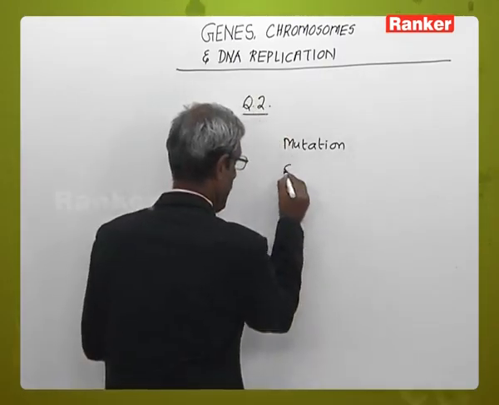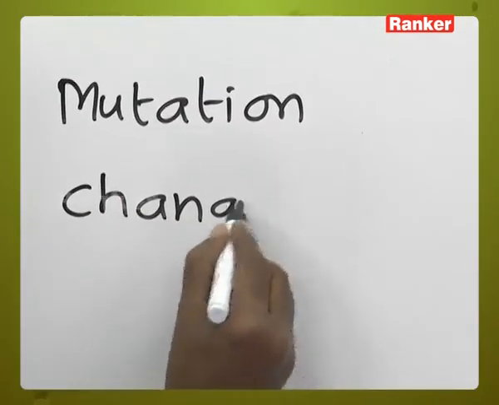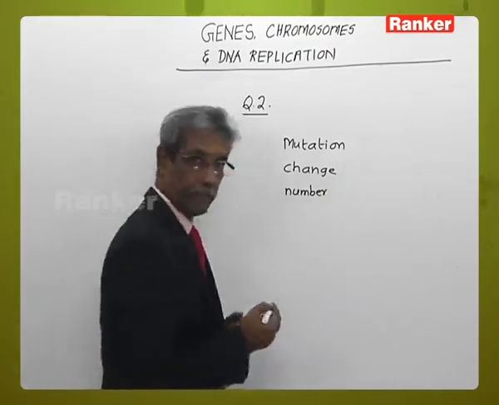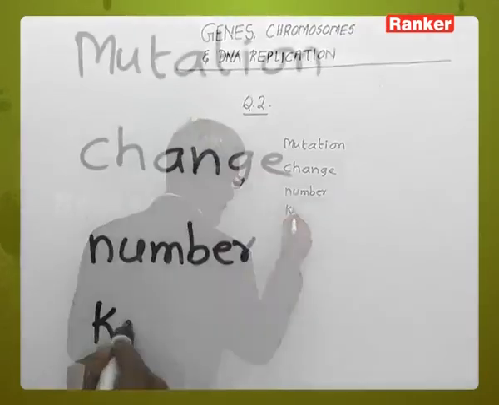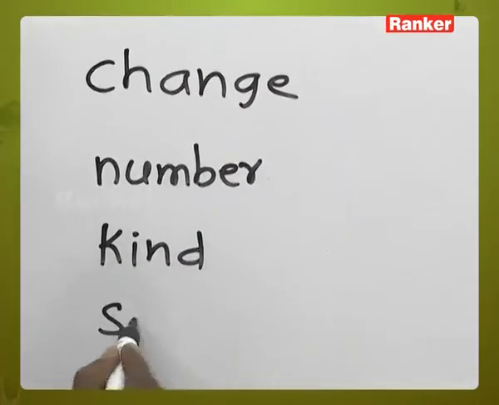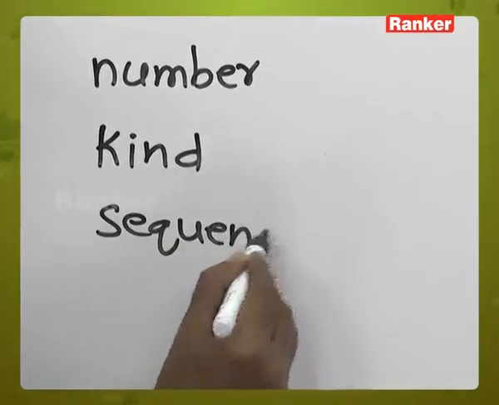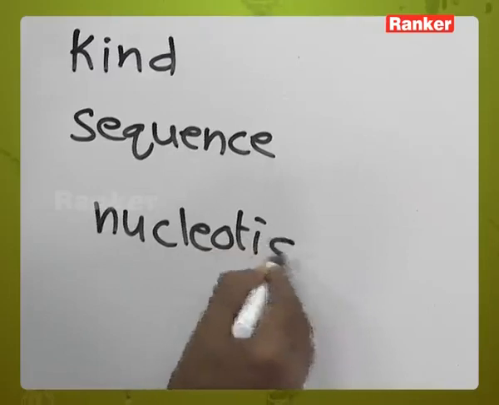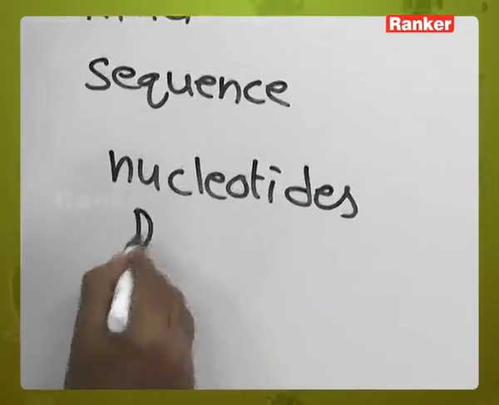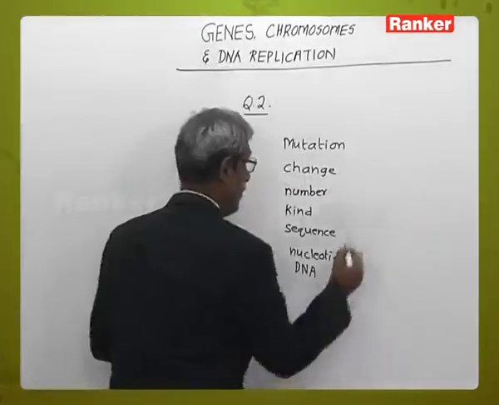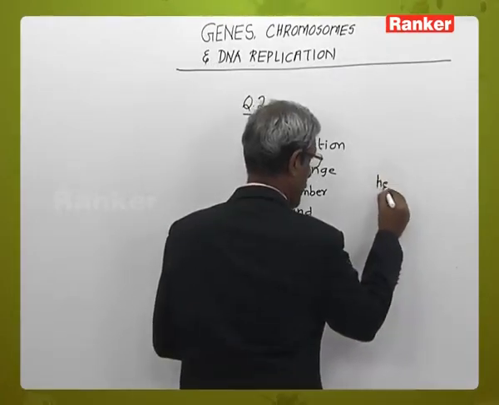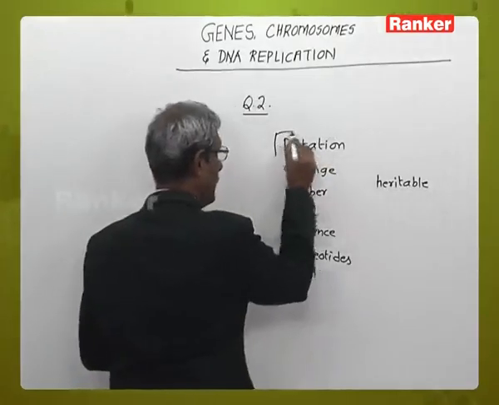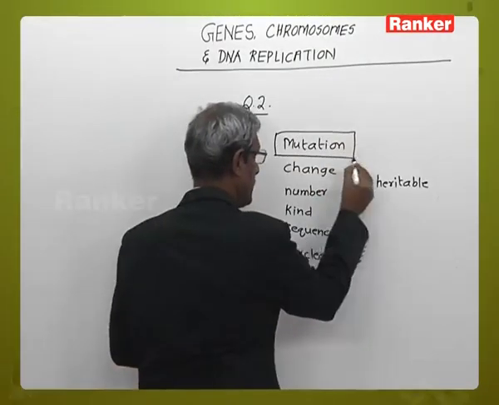Supposing there is a change in the number, in the kind and the sequence of the nucleotides on the DNA which is heritable, then they are termed as mutations.